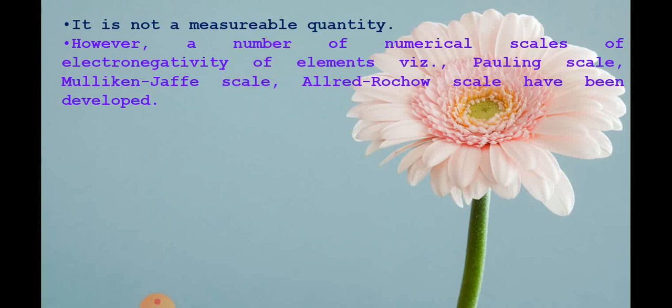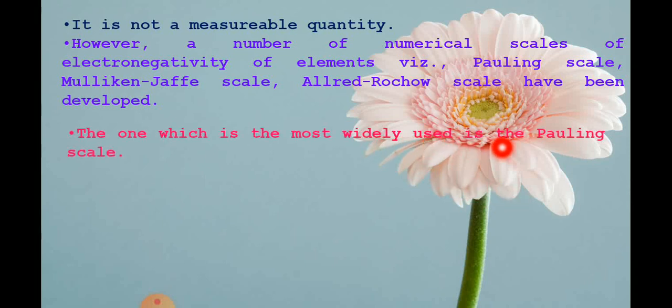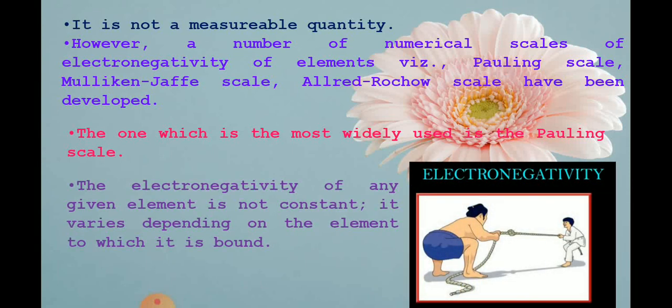The one which is most widely used is the Pauling scale. Whatever electronegativity values you come across in your textbooks, the common scale we are using is the Pauling scale. In which scale are we studying electronegativity? In the Pauling scale.